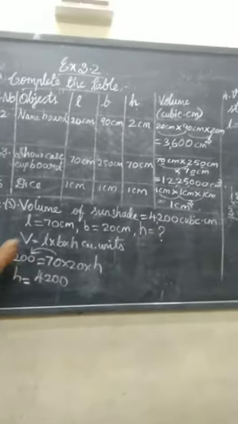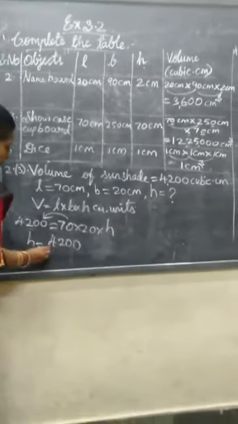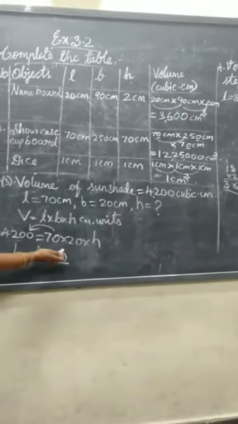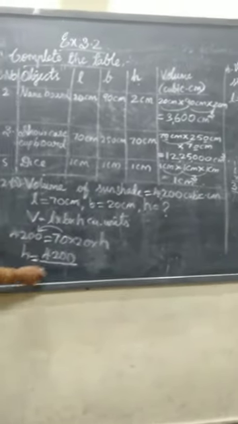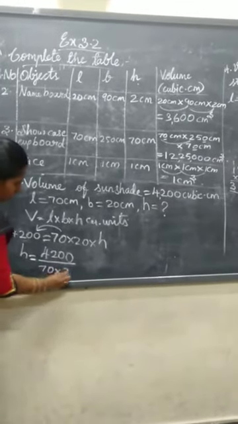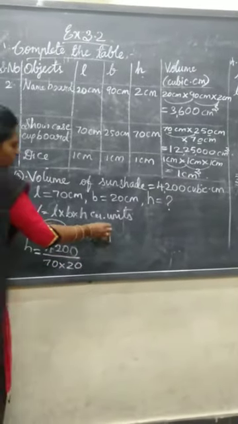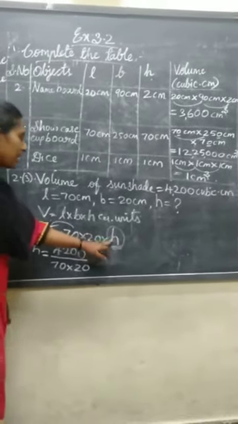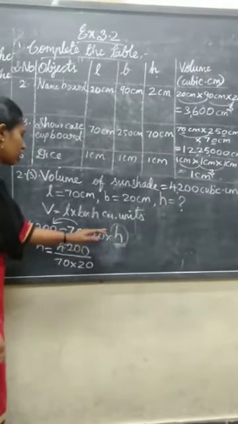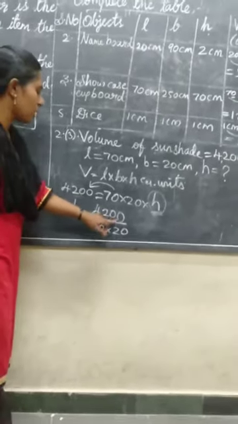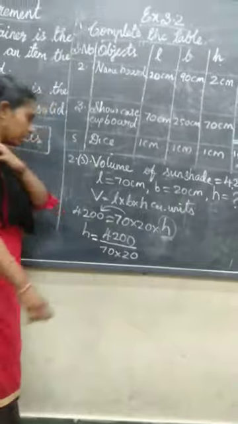To the left hand side of this equal to means it will become division. The multiplication term, if it comes to the left hand side, it will become a division term. So divided by 70 into 20. And you understand, children, whatever thing you have to find, keep that separately, and whatever numbers are there, you take it to the other side. So H is equal to 4200 divided by 70 into 20.